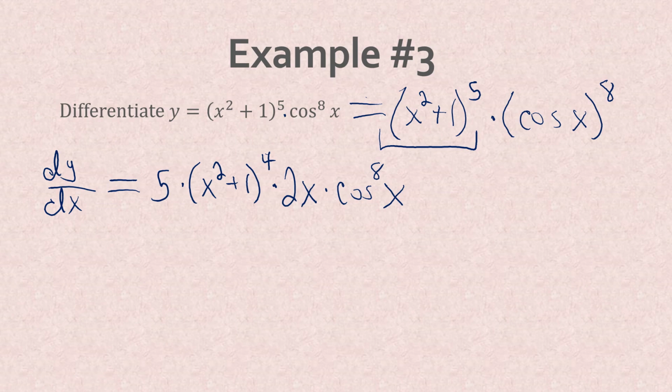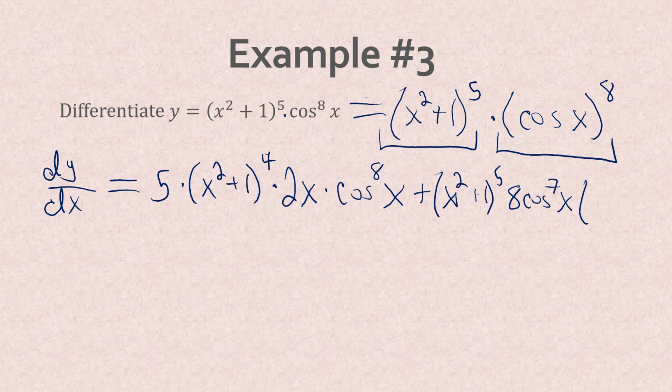And to that, we're going to add on the first, (x² + 1) to the 5th, times the derivative of the second, again applying the chain rule, and that is 8 cosine to the 7th of x, and the derivative of cosine is negative sine.